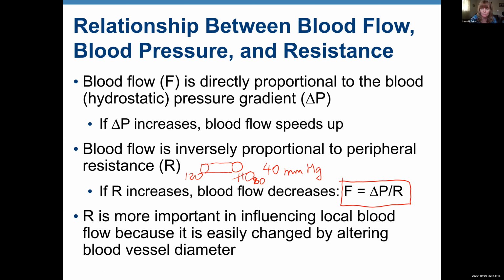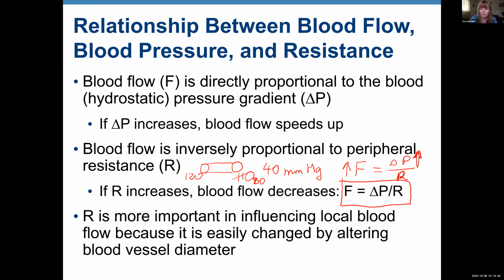So when pressure goes up, you can rewrite it as flow equals pressure gradient divided by resistance. When the pressure gradient goes up, it increases the velocity of blood flow. So that's directly proportional, and it's inversely proportional to the resistance.